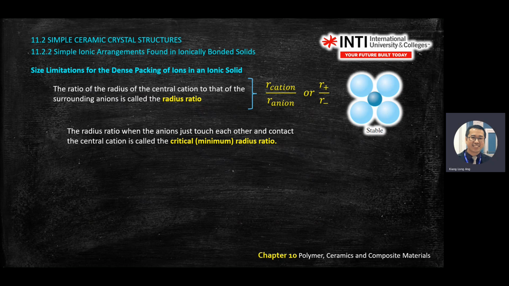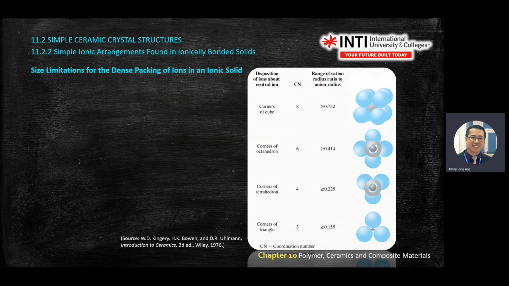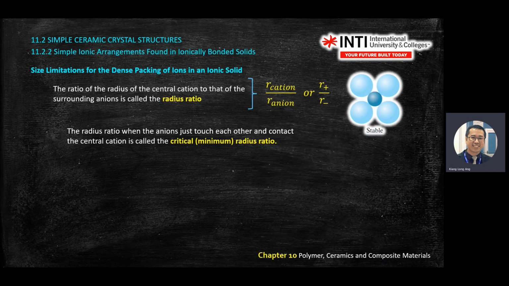So we want to try to find a stable combination. When you have a stable combination, there is a case called critical radius ratio or minimum radius ratio that will give you the stable versus unstable cases.